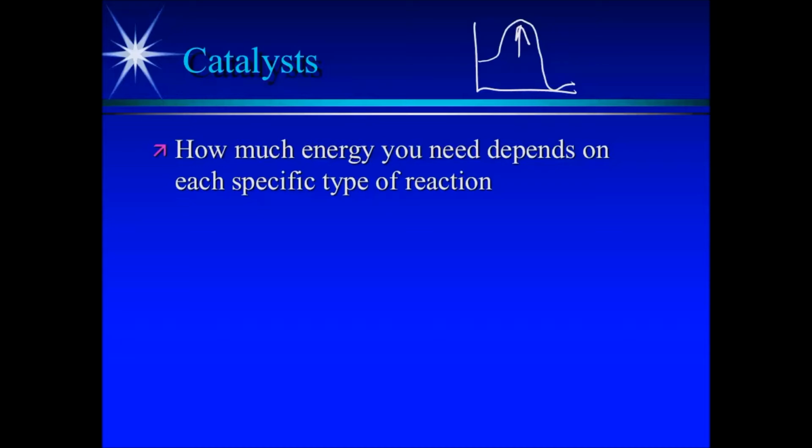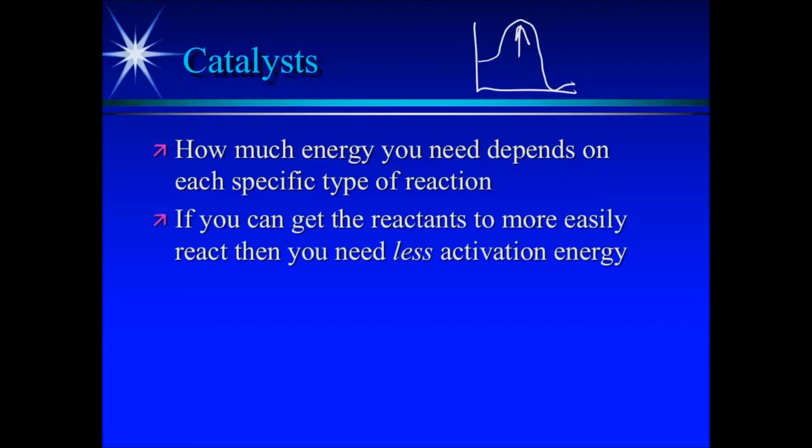Because you have to give it a lot of energy for those molecules to be colliding just the right way. In this case, the hydrogen peroxide has to collide with another hydrogen peroxide, but it has to collide in the right way. So if you have 10 collisions and maybe one will work, well, you're going to have to get them to collide a whole lot more than that. So, if you can get the reactants to collide more efficiently, to react more efficiently, then you need less activation energy.